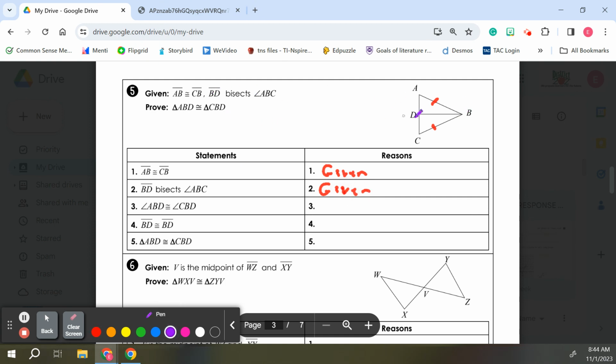If this is bisecting this larger angle here, they're stating that this is congruent with that. So who can tell me the reasoning for that? Very good. Definition of an angle bisector. And then they're telling me that BD is congruent to itself. How? Reflexive property.